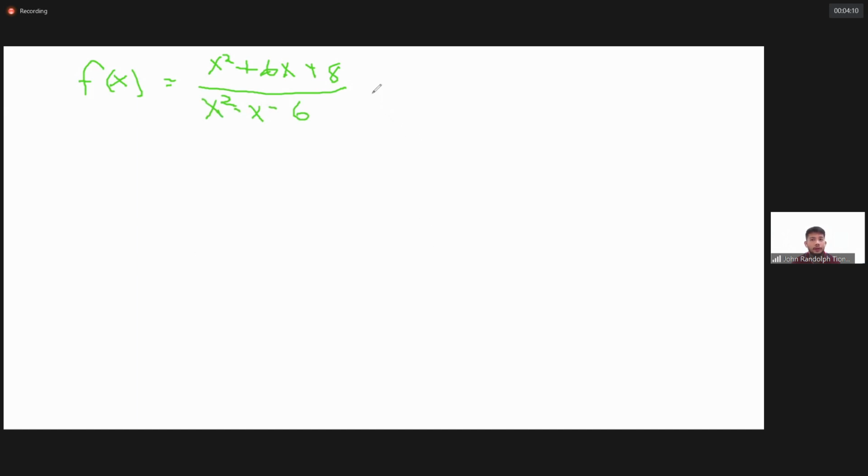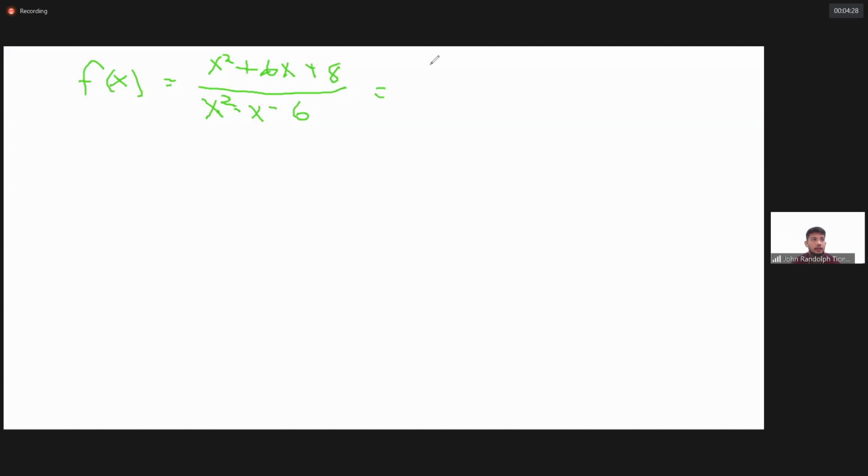Now, recall your factoring techniques. How do you factor x squared plus 6x plus 8? By the way, you can respond in the group chat.